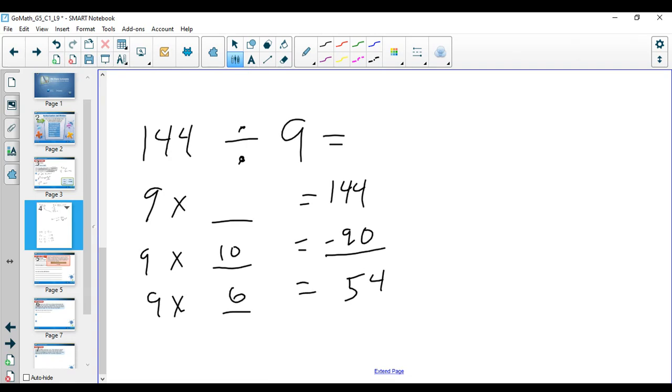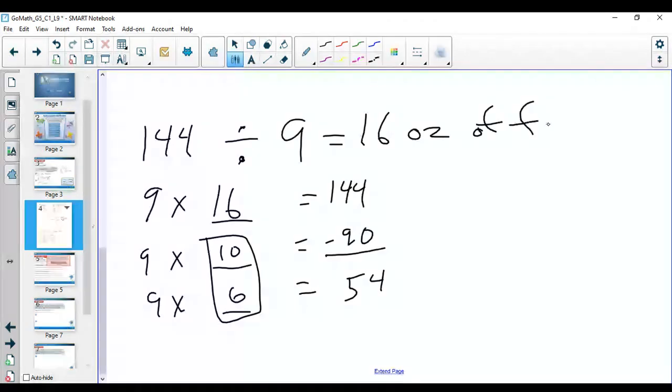So then I add together my 10 and my 6. So 9 times 16 equals 144. That means that 144 divided by 9 equals 16. So each dog gets 16 ounces of food.